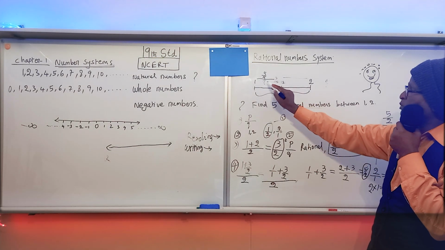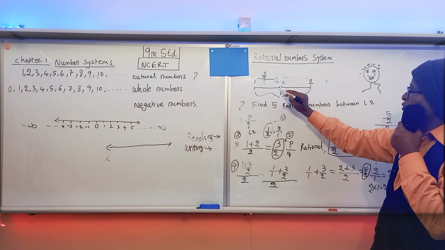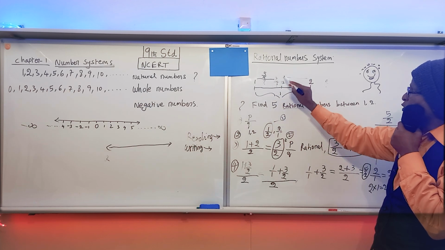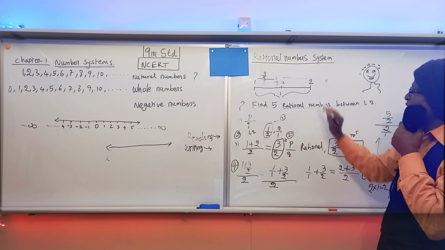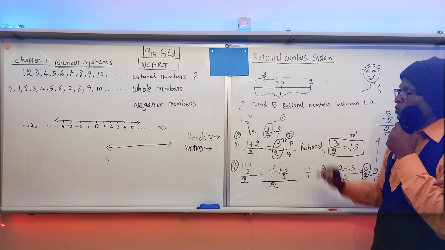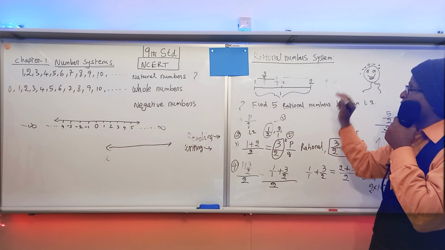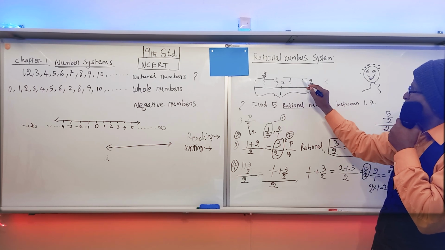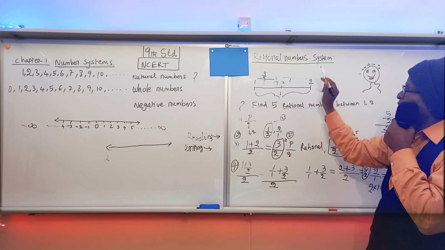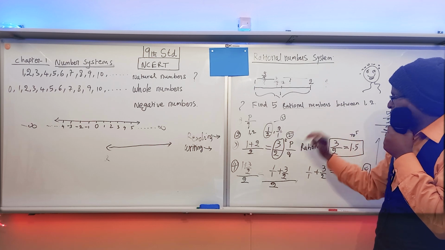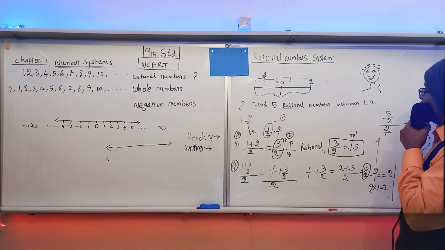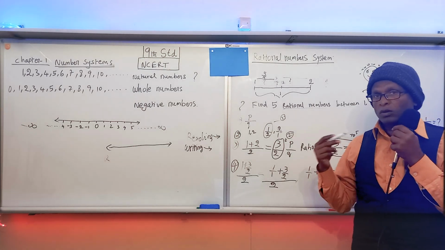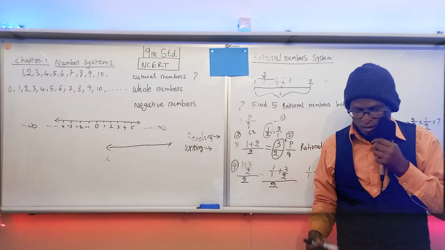So it must be here. Here's 3 by 2 where it should come. Then you can find a rational number between 2 and 3 by 2, and from that number you find another number between here. So you will have 1, 2, 3, 4, 5, or you can keep going on and on and on.